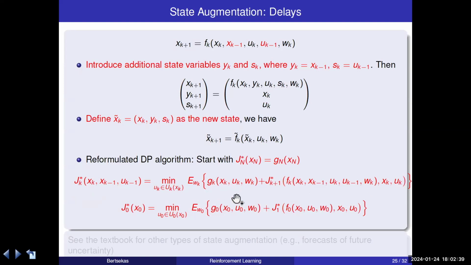It makes sense: expected cost of the current stage plus expected optimal cost to go, which depends again on the augmented state. So this is a legitimate dynamic programming algorithm, except it's carried out over a larger space, not just on x_k, but also x_{k-1} and u_{k-1}. And the more delays you have, the bigger the augmented state can be.